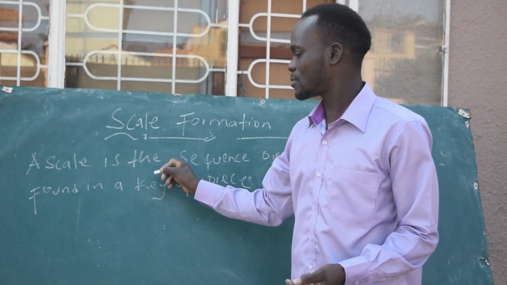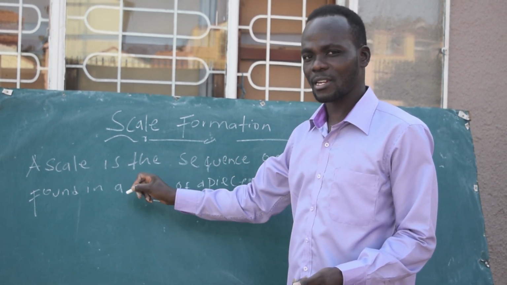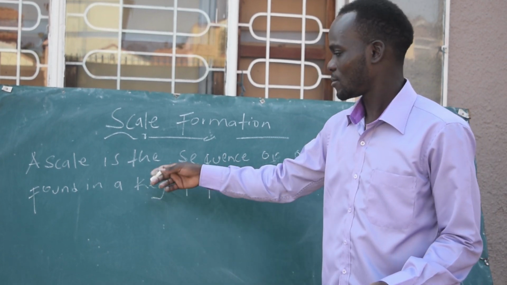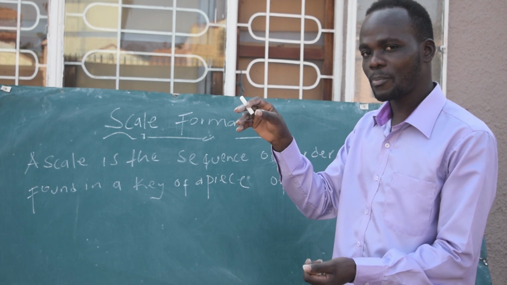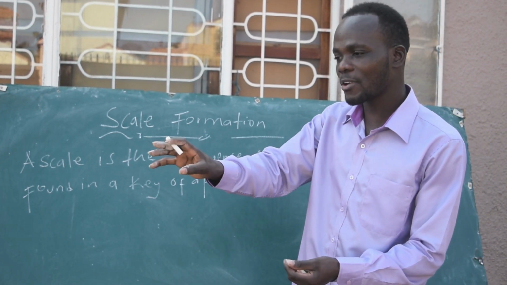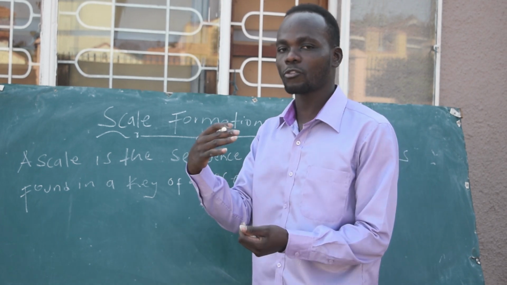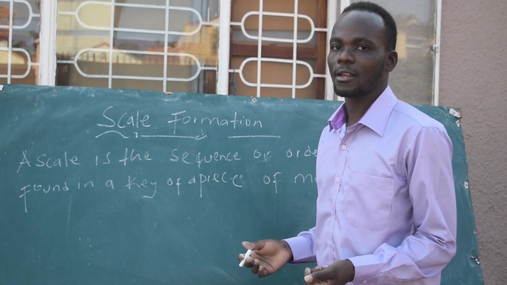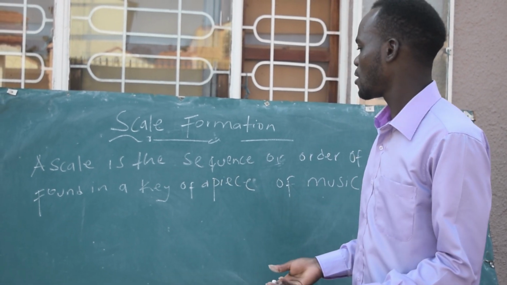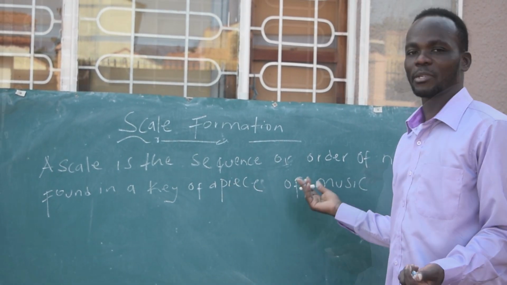So it's the same as a key. It's like a menu where you pick different kinds of foods. So we are also going to pick different kinds of notes as we make our scale, or in simple terms, as well as a key in a piece of music.